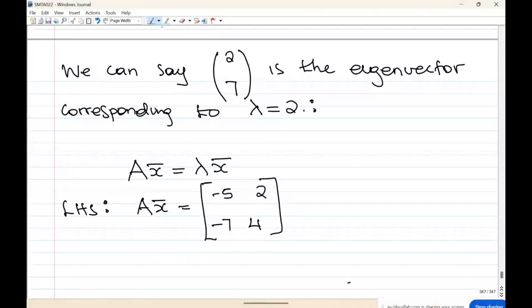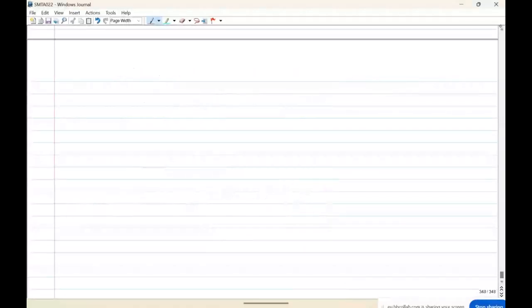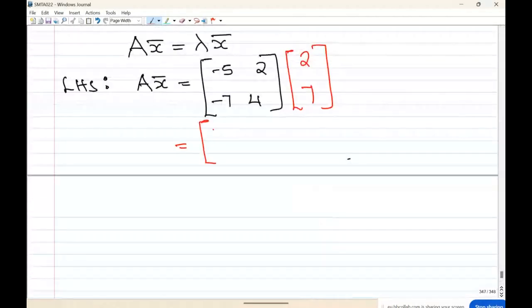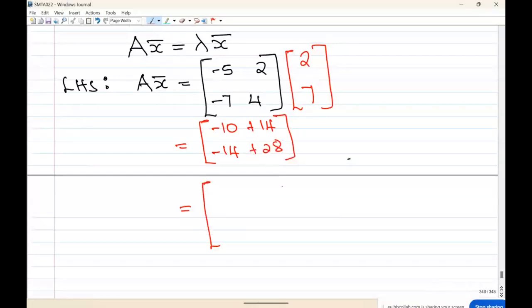Multiply by this part, the red part, where now you have this 2 and 7. When you multiply this, what is going to happen, colleagues? You are going to have minus 10 plus 14, and then minus 14 plus 28. Is it correct? You can use your calculator.